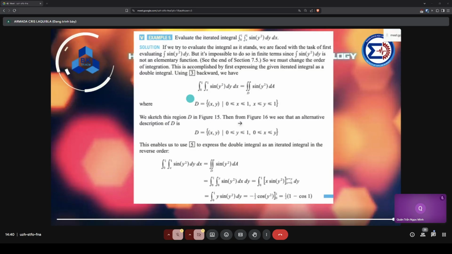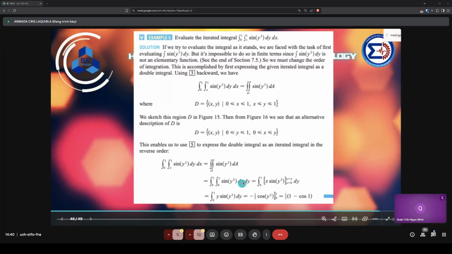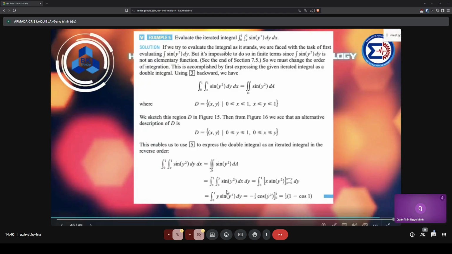Now we apply the other description of your D, the alternative description. You know why? Because if dx is the first integral here inside, your sine of y squared, class, is considered constant. Correct?